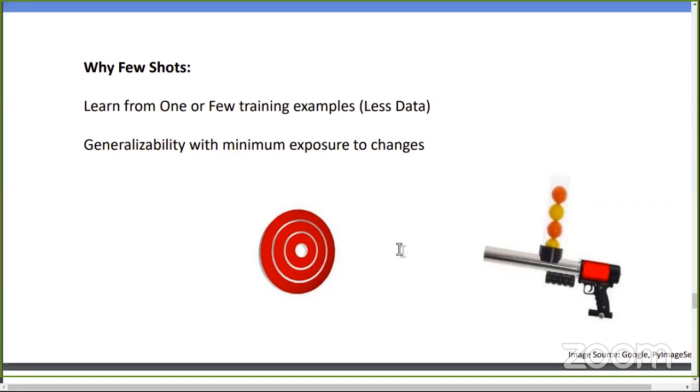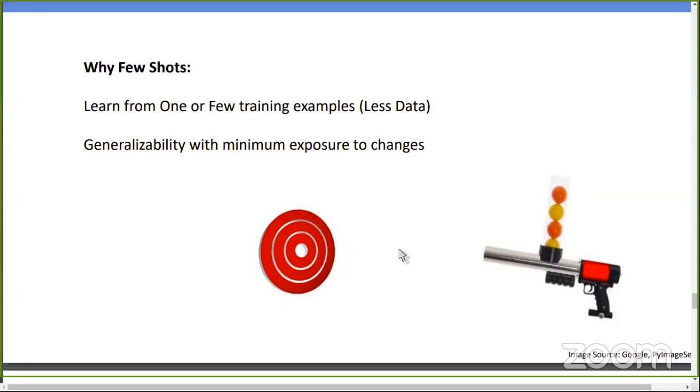So one might learn how to drive a manual car and be able to drive any automatic car with a minimum amount of shift in the learning, because we know the fundamentals. That is learning with minimum samples, because once we have learned how to drive manual, we can easily generalize it. So in few-shot learning, we want this to happen.